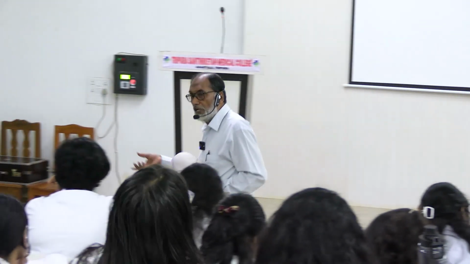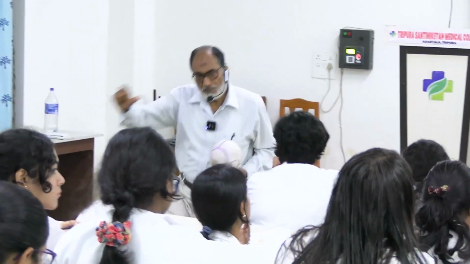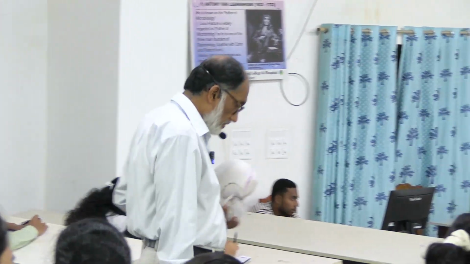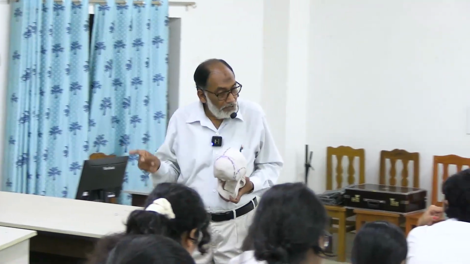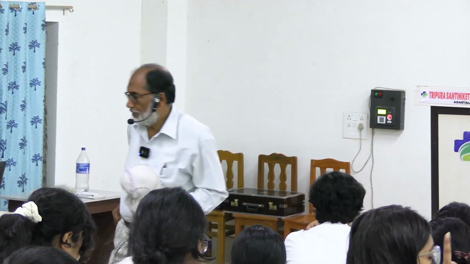Now parotid duct. Parotid duct will come as a short note. It will come as a surface marking. What is the length of the parotid duct? 5 centimeters. Very good. And diameter? 3 millimeter.